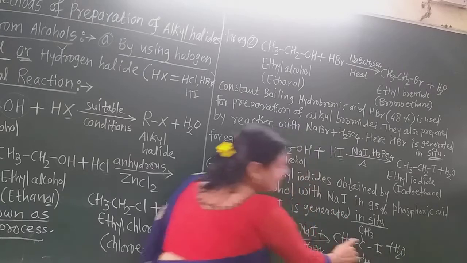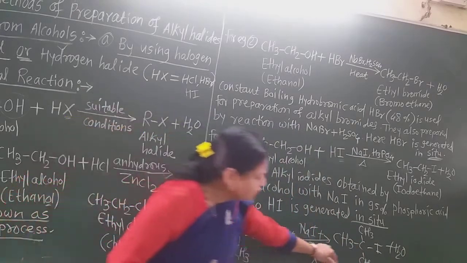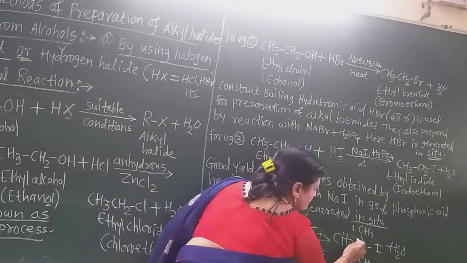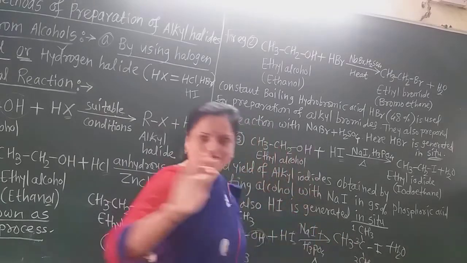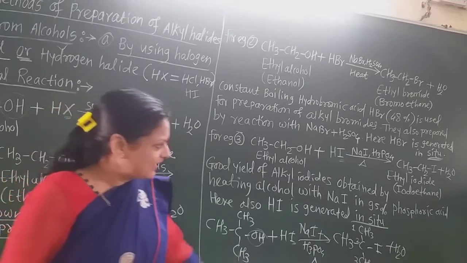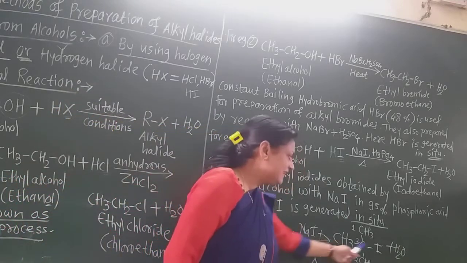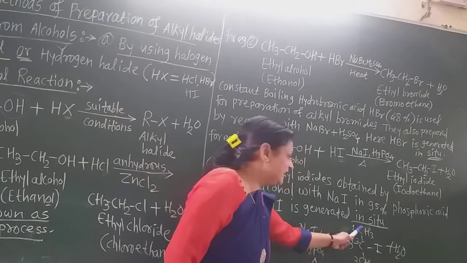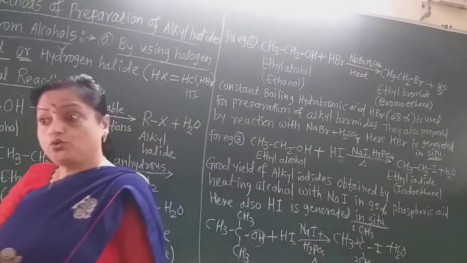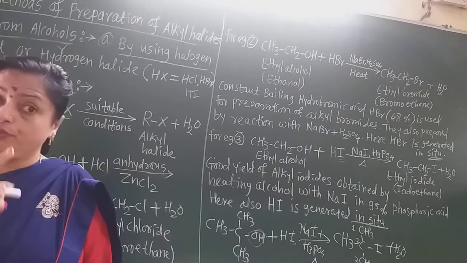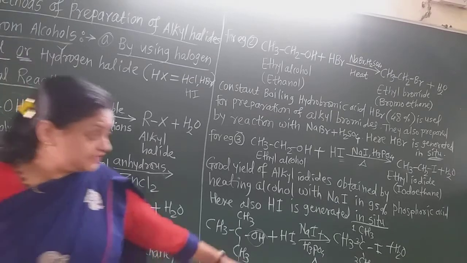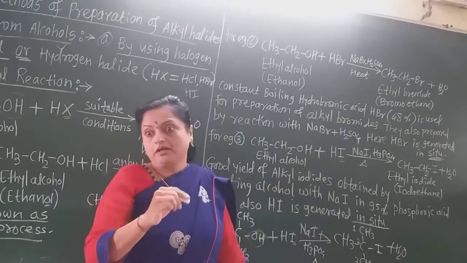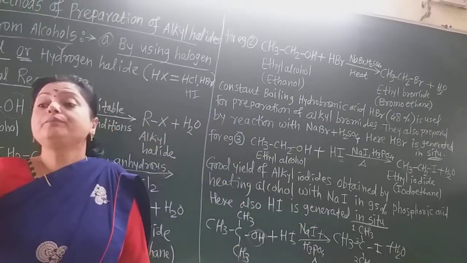Now the name of this alkyl iodide is tertiary butyl iodide, or by giving the numbering 1, 2, 3, as we did yesterday, on the second carbon methyl and iodine are there. So the name is 2-iodo-2-methylpropane. So remember students, you must write down the IUPAC name also. What is the IUPAC name of this? 2-iodo-2-methylpropane. But generally it is tertiary butyl iodide.